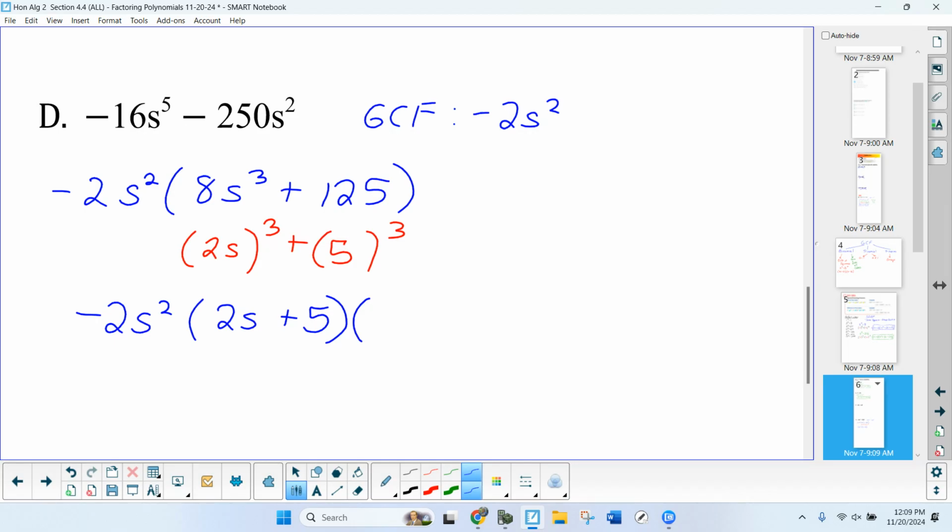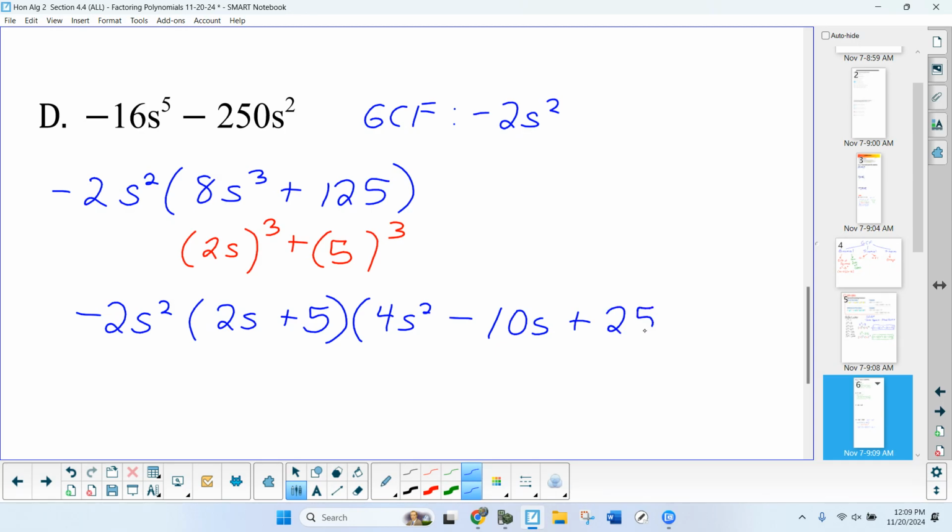Remember you have to square this. What's 2s times 2s? 4s squared. Now what sign do you put next? Plus. Same, opposite. And now what do you do with 5 and the 2s? 10s, always positive. Square that. So it would just be 25.